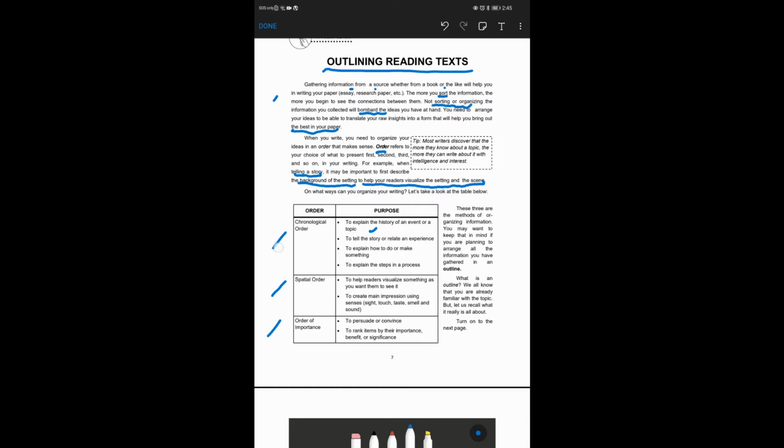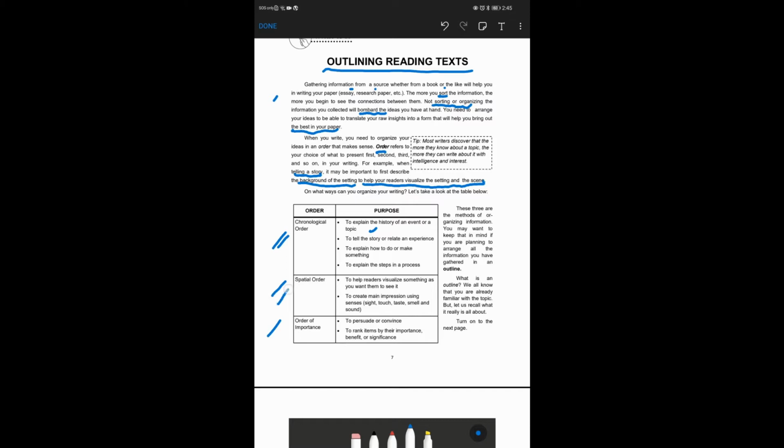So chronological order is what you use when you're organizing information which is time bound or time based, like stories or recipes or procedures. So you use chronological order for things which are related to time.